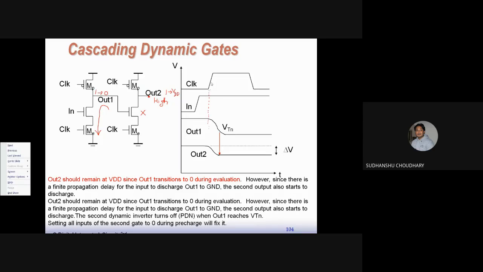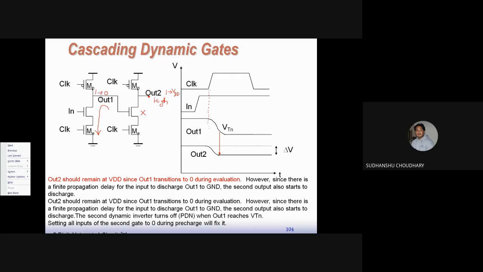So clock becomes high, this network is on, so out 1 starts discharging via this path. That is being shown over here. Now because of this propagation delay, this discharging is not instant. So 1 to 0 is not instant. It takes some time for this pull down network to discharge out 1 from 1 to 0. Because out 1 is discharging, out 2 also starts discharging.